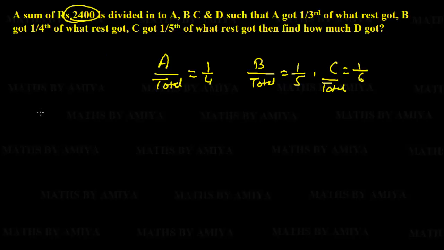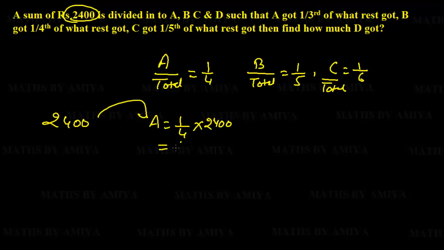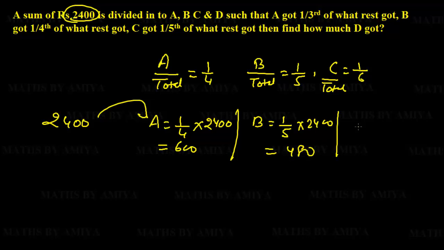We know the total is nothing but 2400. So what is A? A is 1/4 of total and total is 2400, means A got 600. B got 1/5 of total and total is 2400, so B is nothing but 480. C got 1/6 of total and total is 2400, so C got 400.